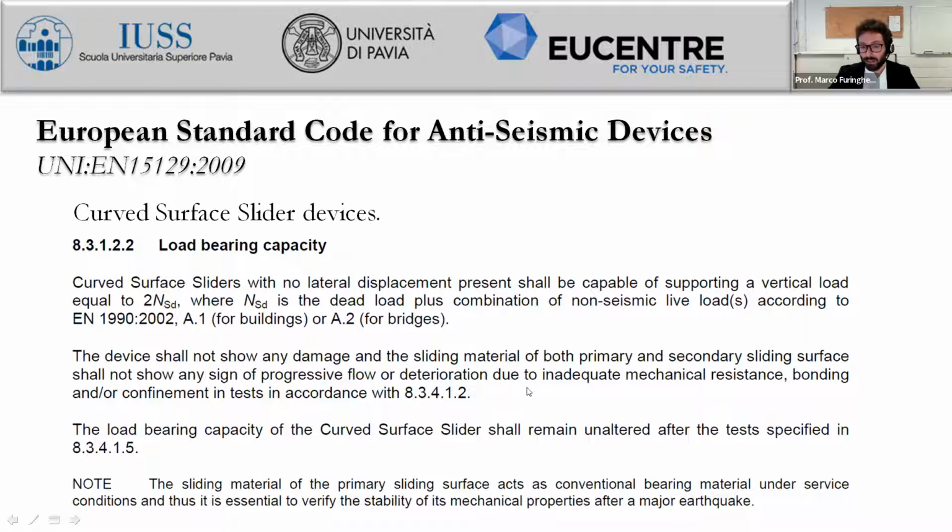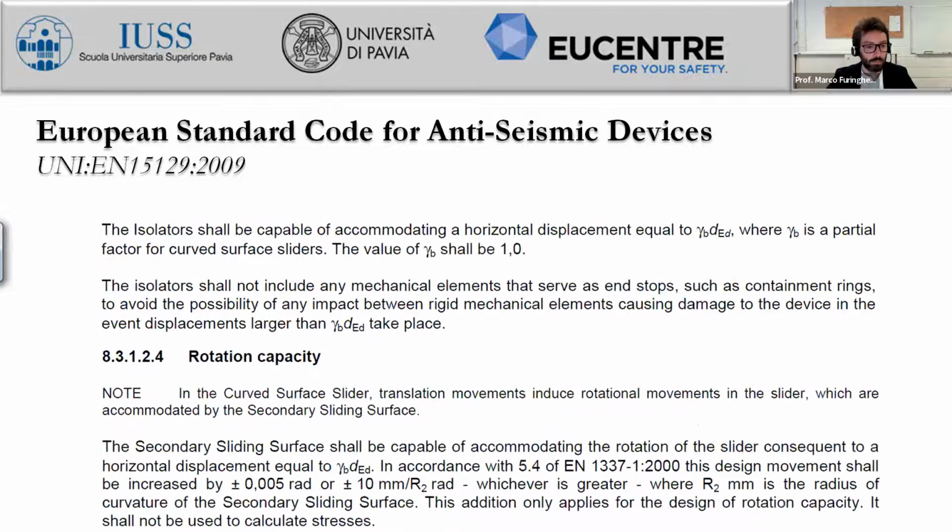The sliding material should show no degradation of the surface and so on. So this is just the application of vertical force, and the waveform is a trapezoidal waveform. Then there are different tests for horizontal displacement capacity.